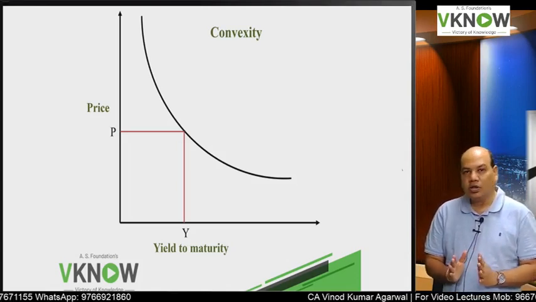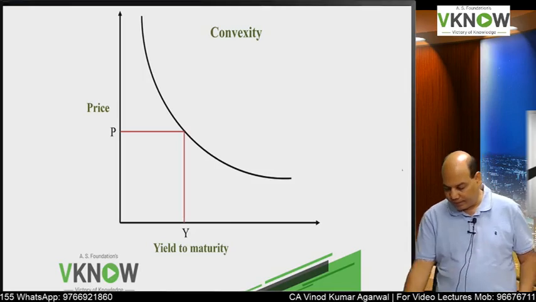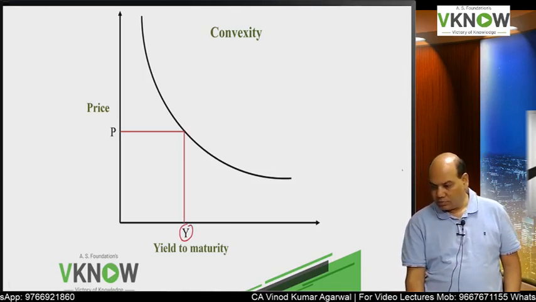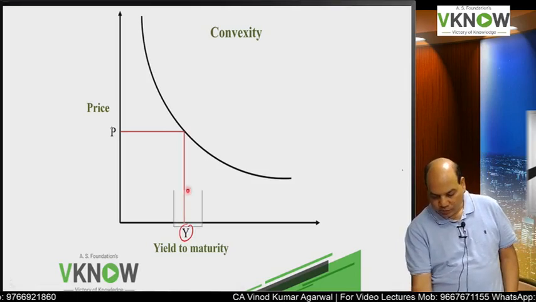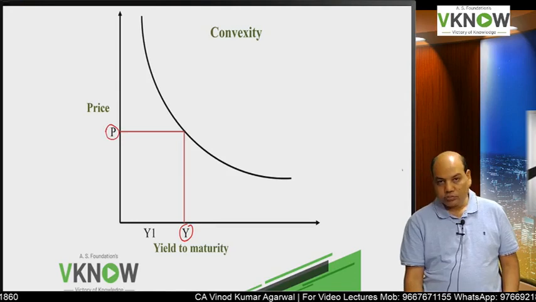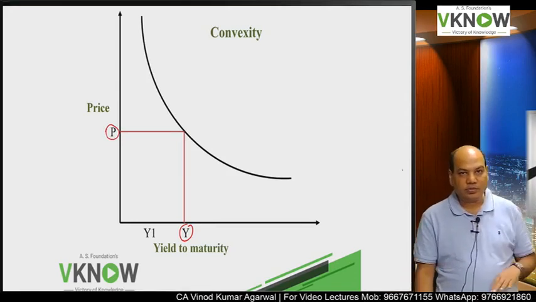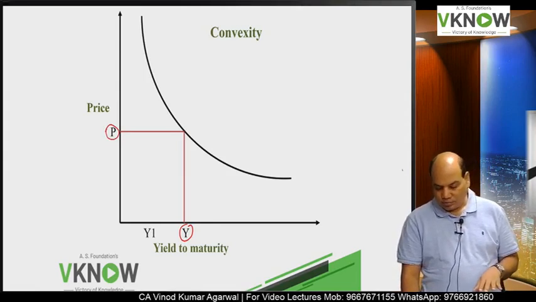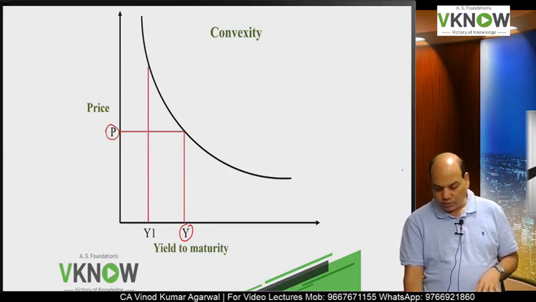Right now the YTM is Y. Understand the diagram. The YTM is Y and the bond price is P. But suppose YTM decreases to Y1. So what will happen to the bond price?